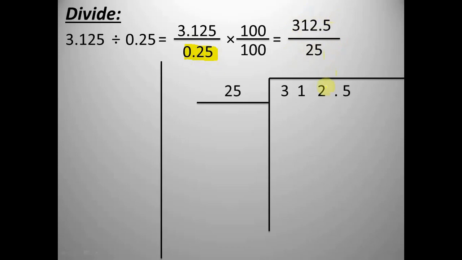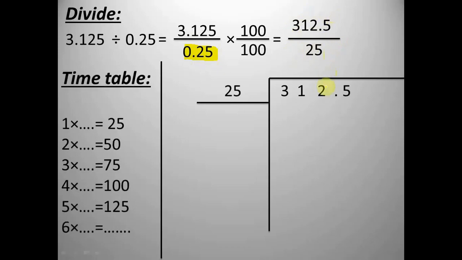Dividend, divisor, timetable, and start the division. 3 divided by 25 is impossible. 31 divided by 25 is possible because 31 is bigger than 25. Search for a number as 31, not found. Search for a number bigger than 31, yes, 50, cancel it.